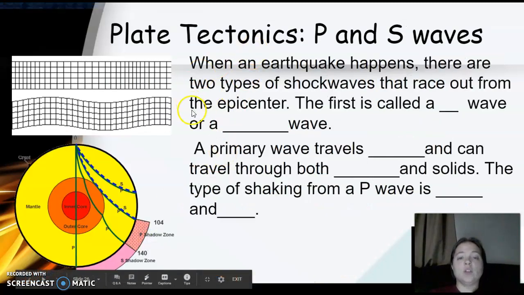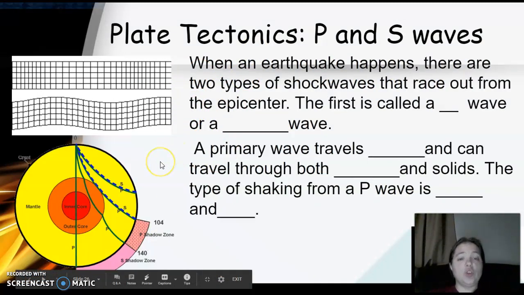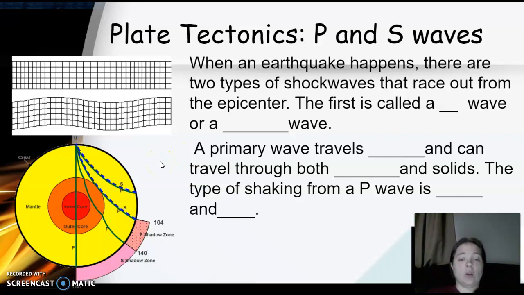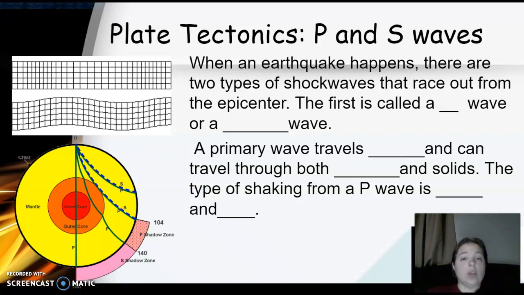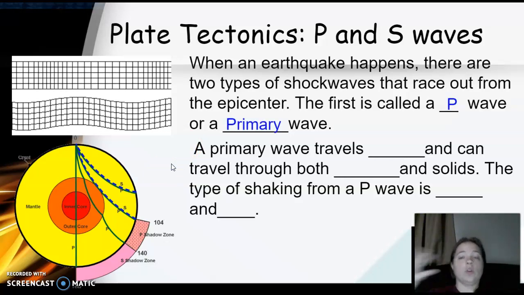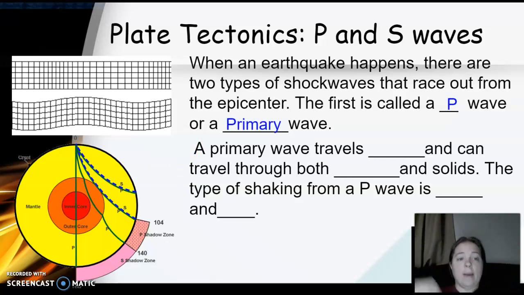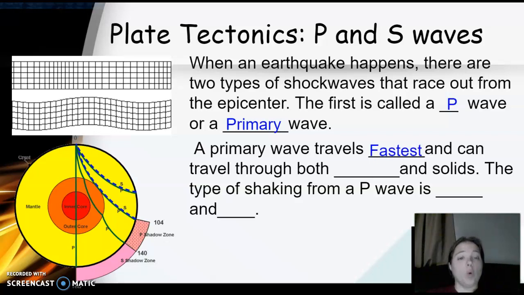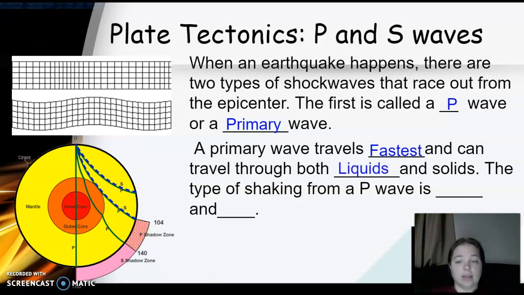All right. So when an earthquake happens, there are two types of shock waves that run out from the earthquake, or the epicenter. Two that you do need to know. The first one is called a P wave, which is a primary wave. So you're going to notice they're going to start the same. P, primary. A primary wave travels fastest and can travel through both liquids and solids.